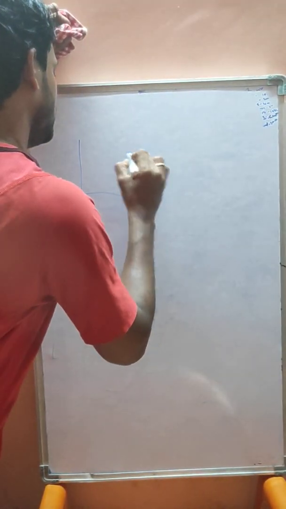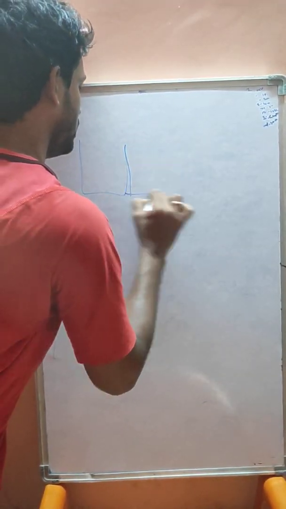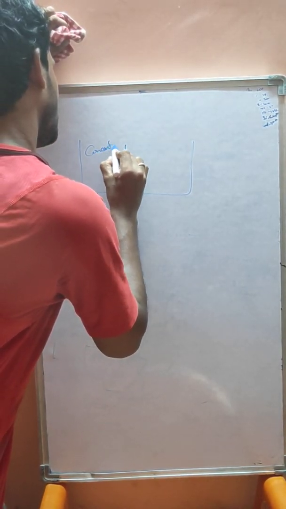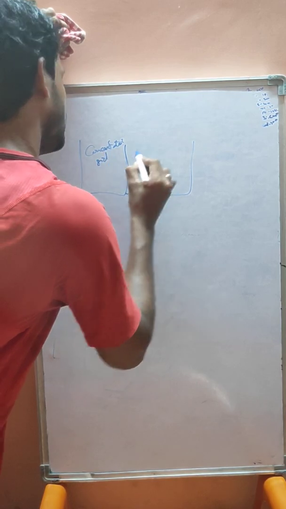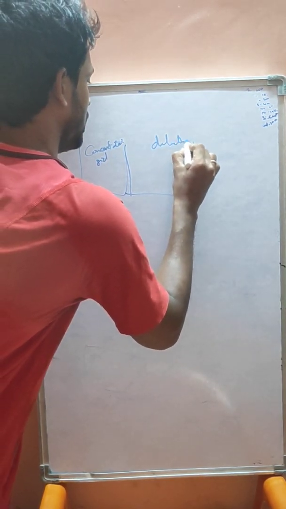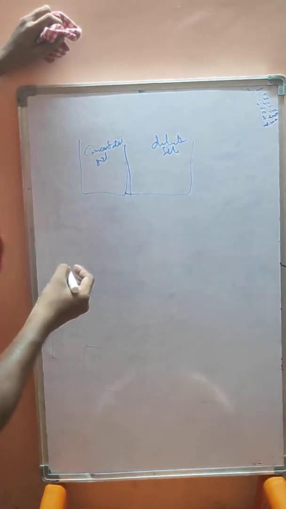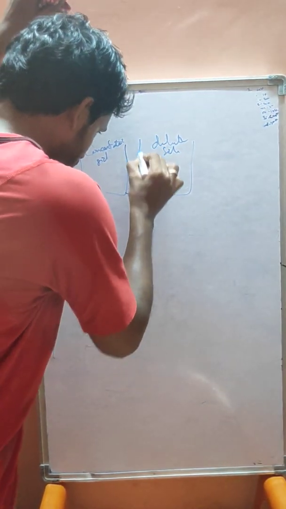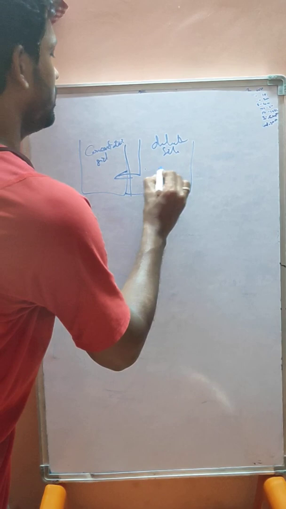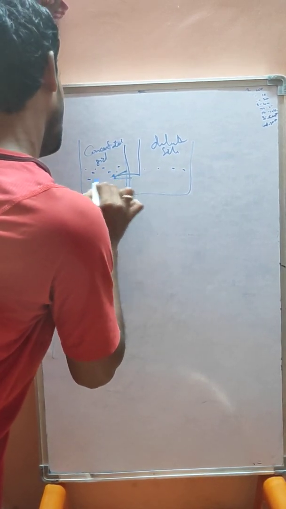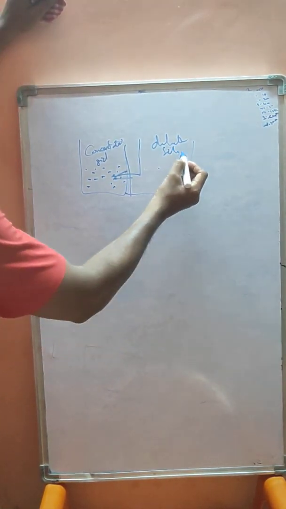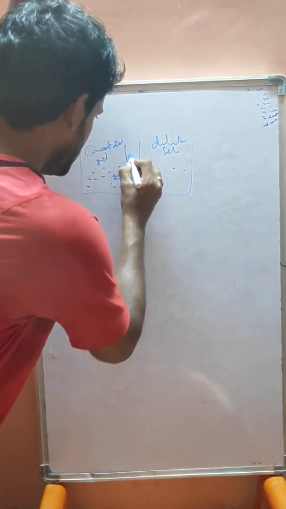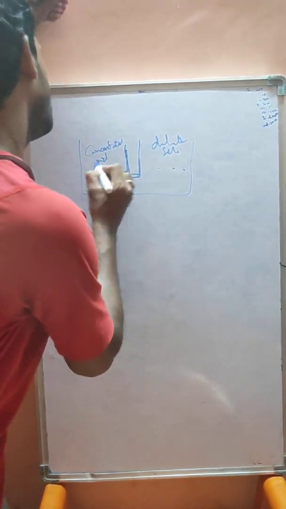So initially this is the concentrated side, this is the dilute side. So initially what happens, the dilute water particles will try to move through this membrane to this side.